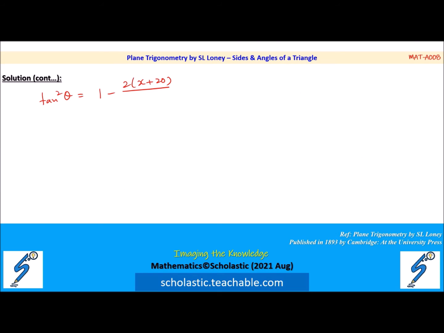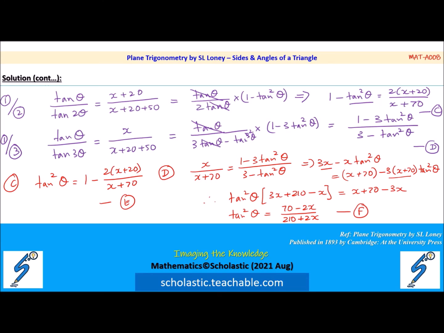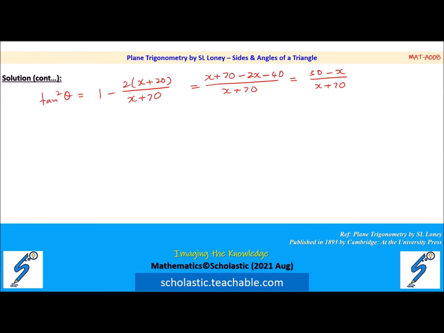When we simplify, we get (x plus 70 minus 2x minus 40) divided by (x plus 70), which is equal to (30 minus x) divided by (x plus 70). From the other equation, tan square theta is equal to (70 minus 2x) divided by (210 plus 2x).